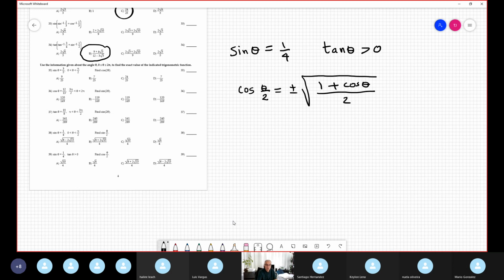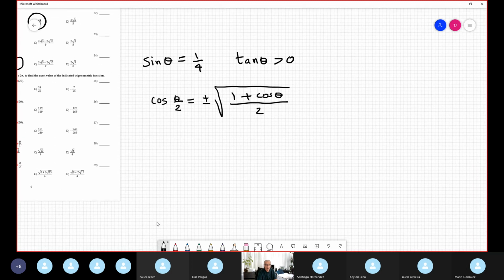Before doing anything, I need to investigate in what quadrant theta lies. I suppose in the first quadrant, because sine is positive, given as 1 over 4, and tangent is positive. Tangent is positive in the first quadrant and in the third quadrant, but sine is negative in the third quadrant. So the two conditions together give me the first quadrant. Then theta lies between 0 and pi over 2.